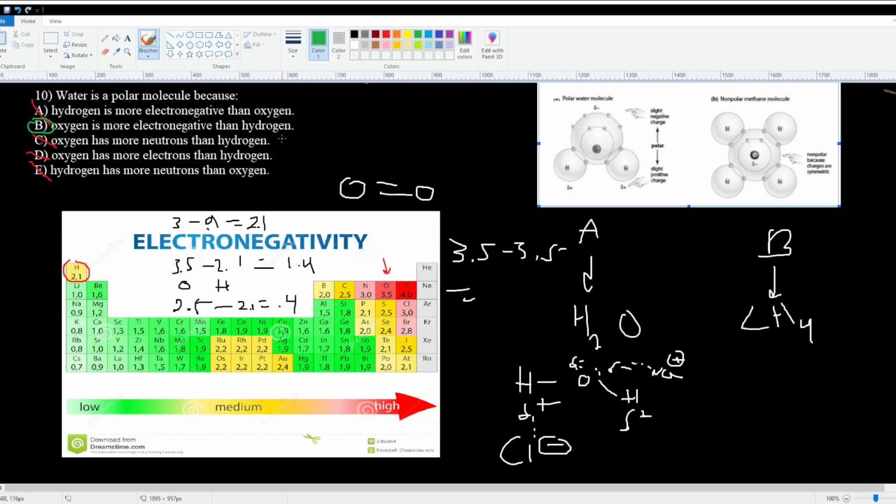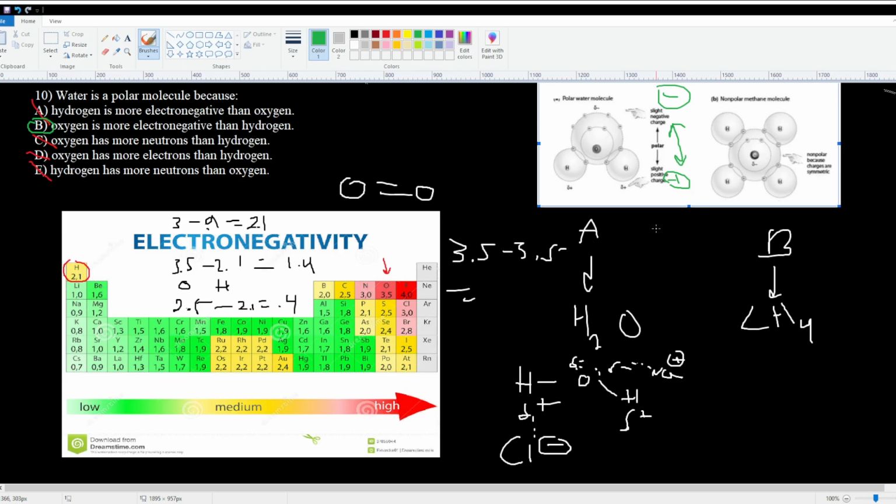When we're talking about electronegativity, just always think, what kind of bond are we making here? Since the unequal sharing of electrons in oxygen versus hydrogen is very great, it's gonna have poles. It's gonna create poles. So over here is the negative pole, and then over here is the positive pole.